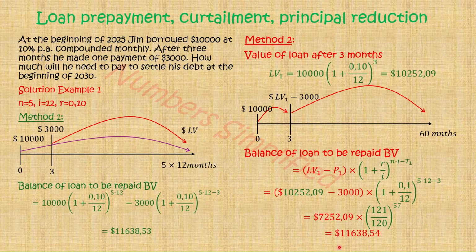Some may say that if we round our answer to 2 or 3 significant figures, the answers will still be the same, but at times that wouldn't really work. So it's important to keep your answers as exact as possible. Then this will be how we use method 2 to solve such questions.